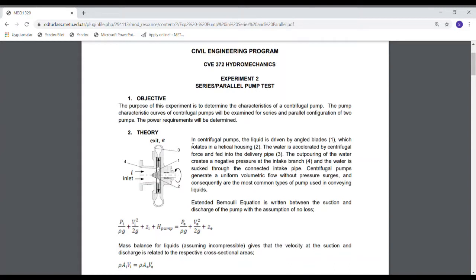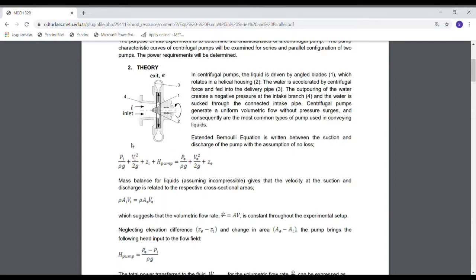If we assume there is no loss, by using the extended Bernoulli equation, we can get this expression. Here you see there is Pi, Vi, Zi, and Pe, Ve, Ze. Pi is the pump pressure at the entrance of the pump, and Pe is the pump pressure at the exit of the pump.